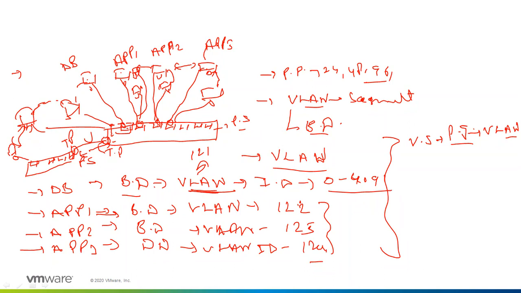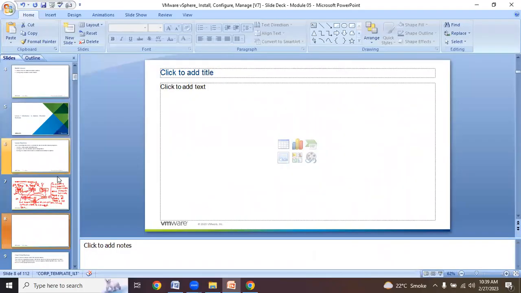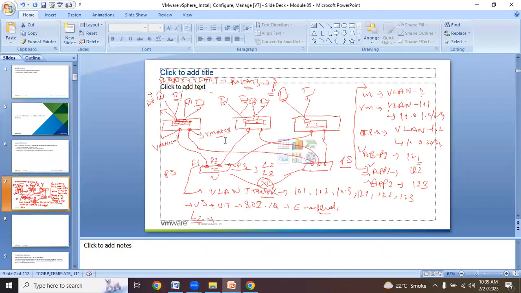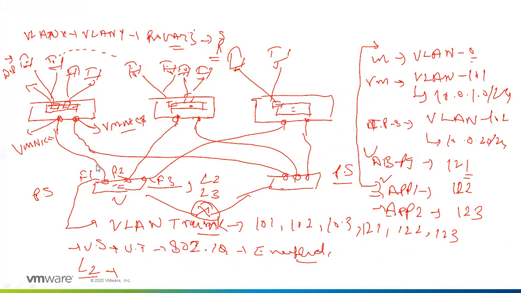Now what's happening in the VMware environment, if I take you back to the previous slide: my virtual machines are connected to a virtual switch where we have created different port groups. A port group is nothing but your VLANs, and trunking is configured to communicate with the physical switch level.